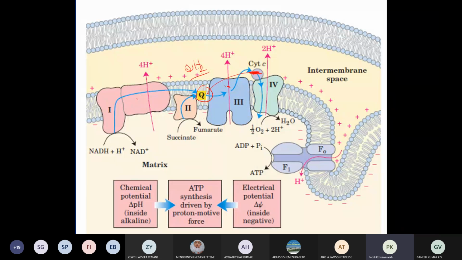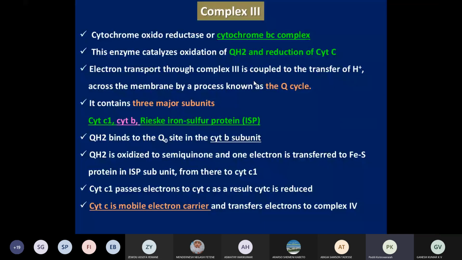If you look at the structure, this complex 3 transfers these electrons from ubiquinol to cytochrome c by a special process known as the Q cycle. This we will explain later.